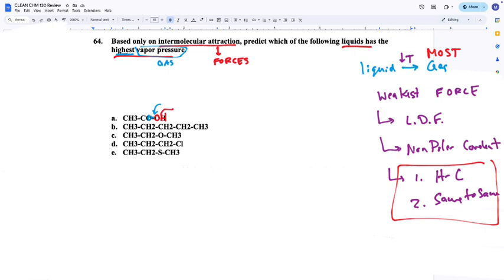However, the O to H, that is not a nonpolar covalent bond. Right? And if that is not a nonpolar covalent bond, what does that mean? And you can get into what it means for that structure, but that's not what the question asked. The question said, I need to find hydrogen to carbon or same to same. And if I have oxygen to hydrogen, it's not the answer. I don't care that it generates hydrogen bonding, necessarily, right? But I know it's not the answer.